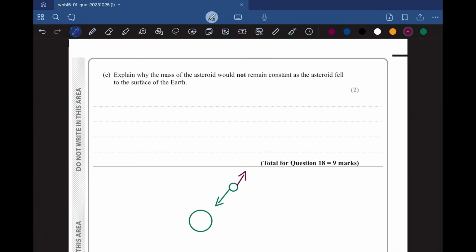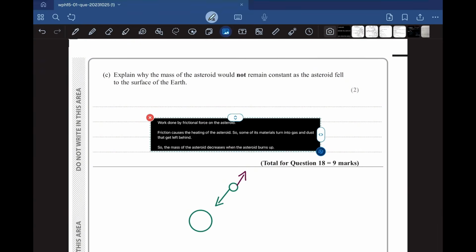When the friction acts, it causes heating of the asteroid, and the asteroid will burn up. When the asteroid burns up, some of its mass turns into gas and dust, which will be lost. So its mass decreases when it is falling, because some of the dust and gas will be left behind.